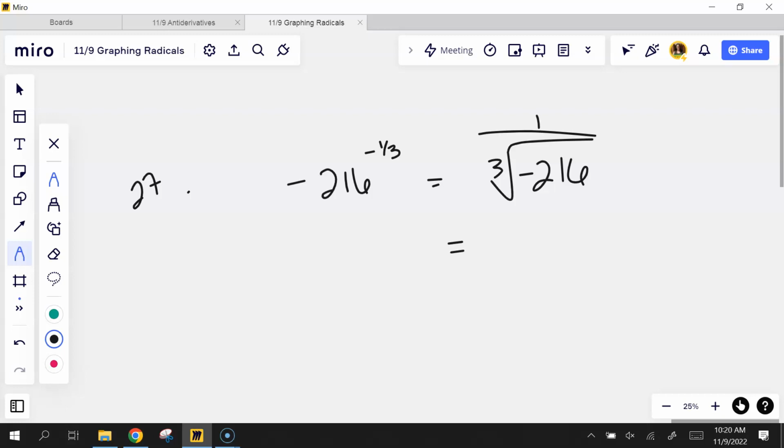Wait, is it still negative? Yes, the flipping around like that only impacts the sign on the exponent. It's fine. So what times itself 3 times gives you 216? 6. So this is just negative 1/6.